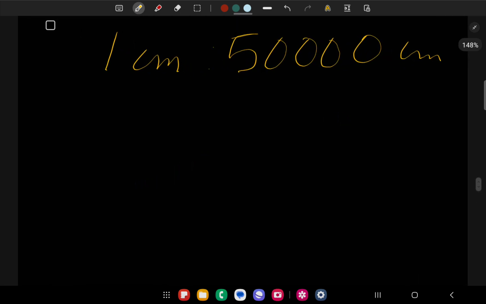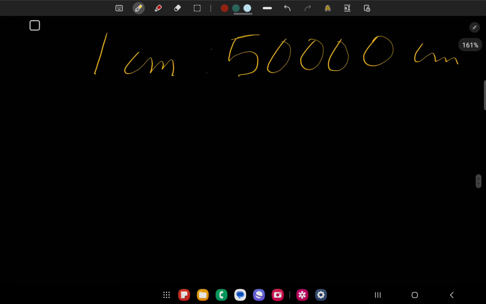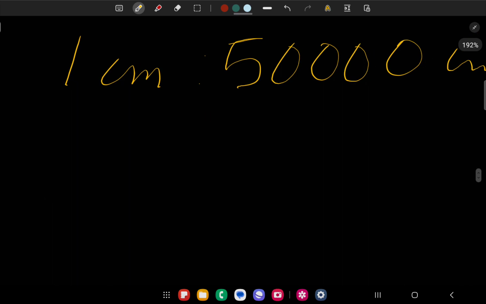If they give a scale as 1 centimeter is to 50,000 centimeter, and they ask you to find out like this: what will be the map distance if the actual ground distance is 2.5 kilometer?